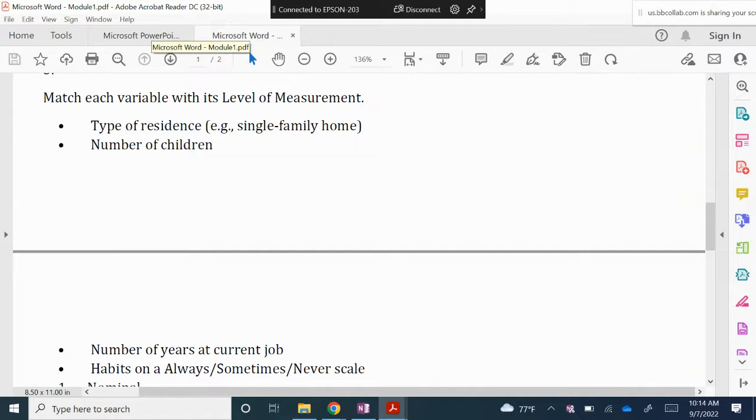Don't be scared. Why is it interval? Because it's years. Let's say I started at Aiken Tech in the year 2000. And now it's 2022. I've been here like 22 years. Could I have started at year 0? I couldn't have started at year 0. Is everybody comfortable with that?